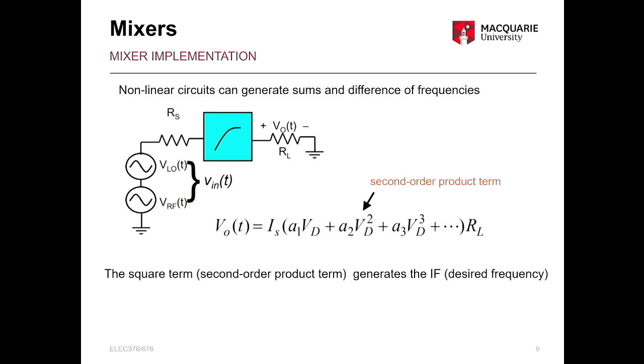So a mixer also can be implemented by other nonlinear devices where you have equations like that. So A1 times the signal, A2 times the square of the signal, A3 times the cube of the signal, etc. In this particular case, you're giving the RF and the local oscillator voltage, VLO, into the input of this system, and you're measuring your output at the load resistor at the output.